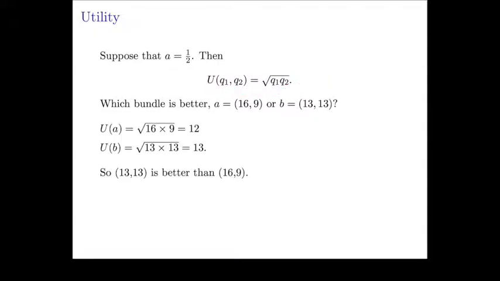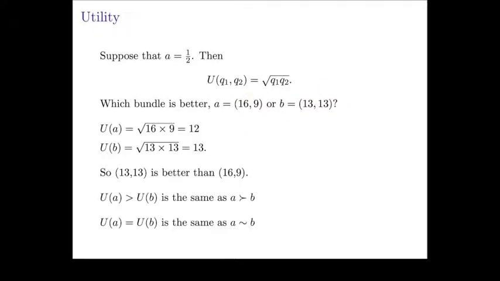The utility that the consumer gets from the first bundle, which is the square root of 16 times 9, which is 12, is less than the utility that the consumer gets from the second bundle, which is the square root of 13 times 13, which is just 13. In other words, the bundle 13-13 is better than the bundle 16-9.